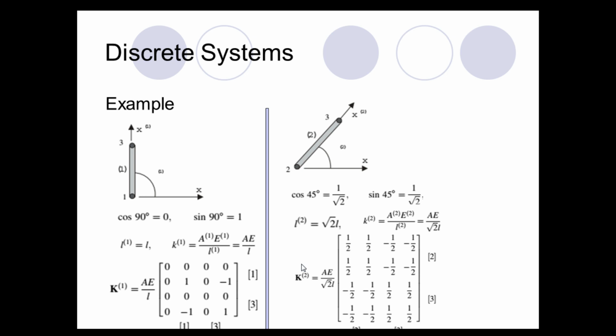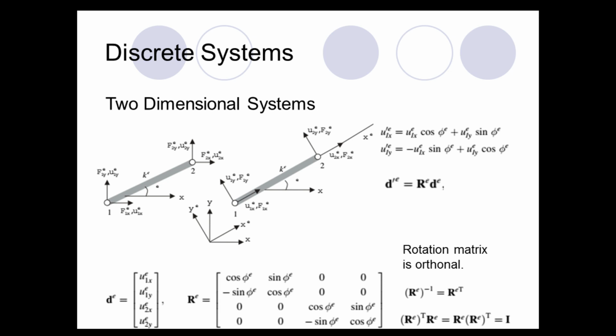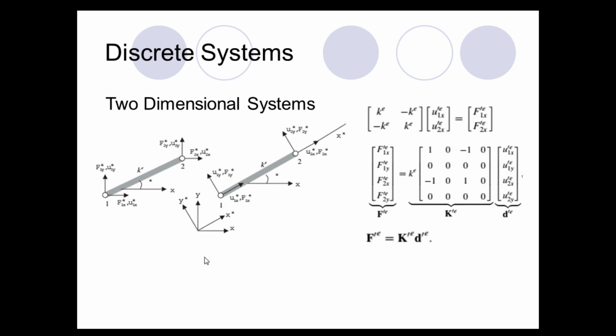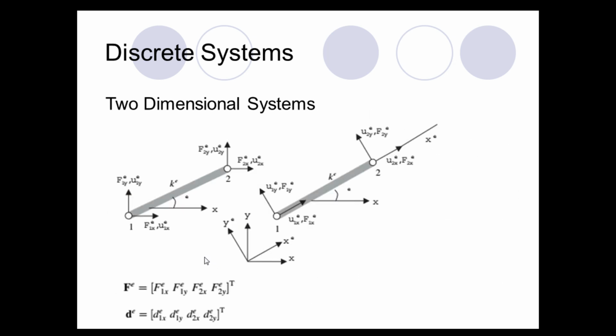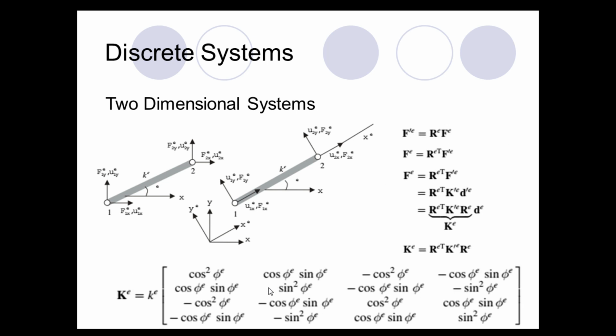Now we can easily calculate the rotation matrix for this element. So we can substitute it into this matrix, and from here we can calculate the stiffness matrix as is the case in here.